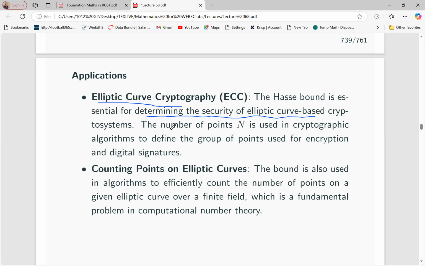Then the enemy tries and gets the correct result and gets our secret message, a message that was not meant for him. But if you have very many points, the enemy may not have the courage to begin trying every point. Try this, try that, try this, and so on.